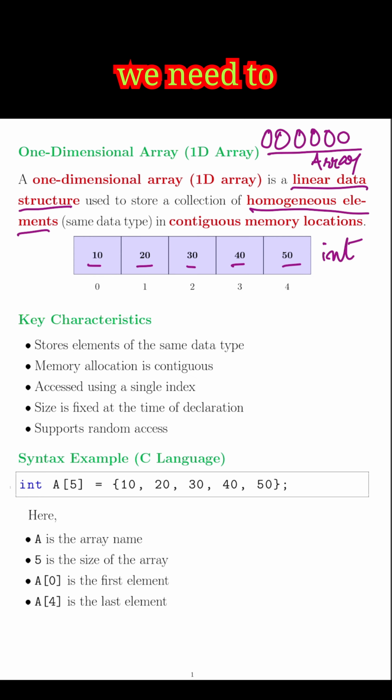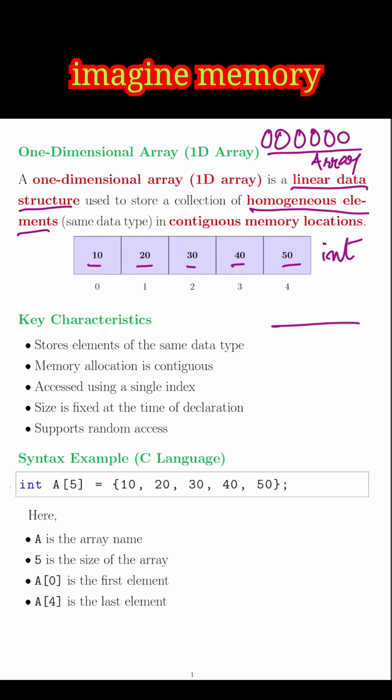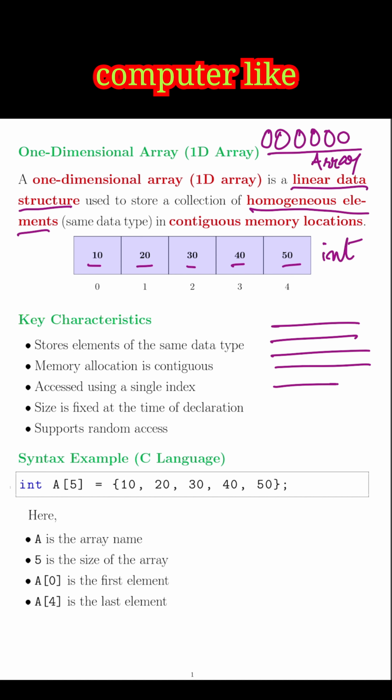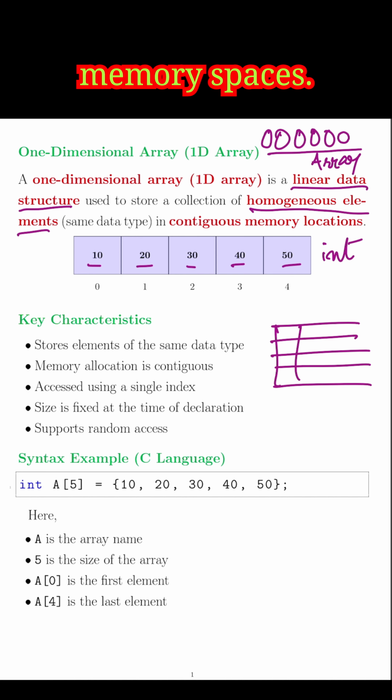And another thing we need to remember when we are speaking about array is that all the elements are going to be stored in contiguous memory location in the memory of a computer. Okay, so we can imagine a memory map of a computer like a grid of memory spaces.